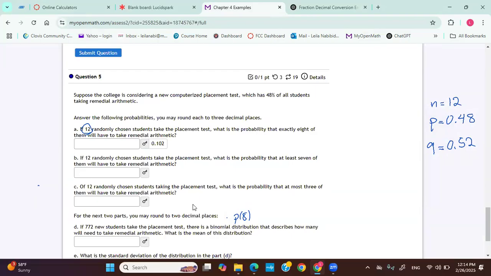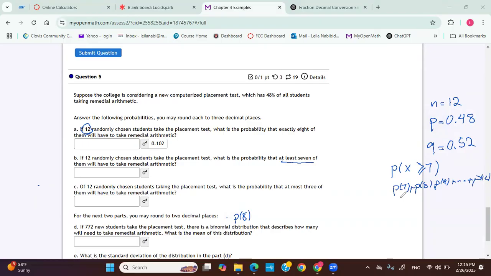Part B says, what's the probability that at least 7? At least 7 means the probability when x is 7 or more, and it includes 7 as well. If you want to use the formula, you need to find the probability of 7, 8, 9, 10, 11, and 12 separately and then add them together.